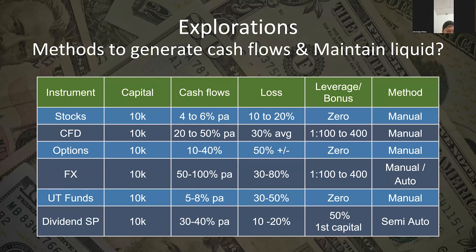Yeah. So then the last row, or the last two rows, the dividend, we're not looking at using stocks, but you're looking at using unit trust funds. I think in Malaysia, unit trust funds are probably sold by some stock platform or insurer, I suppose.